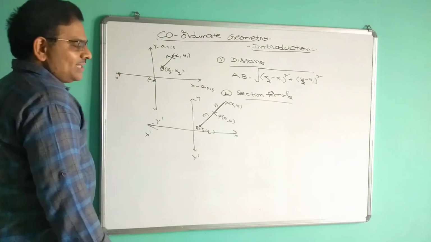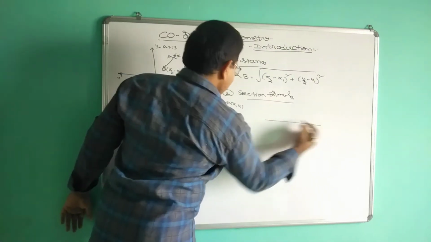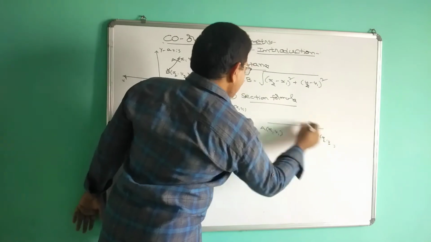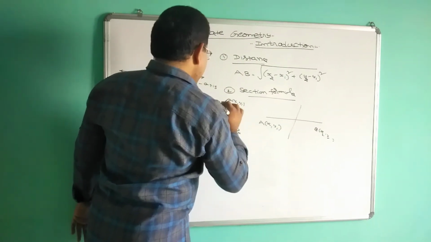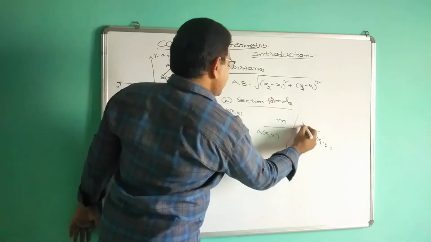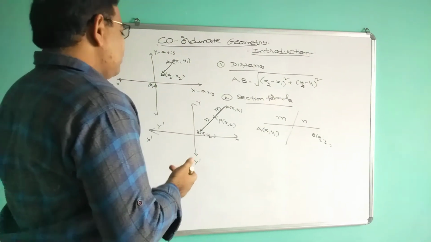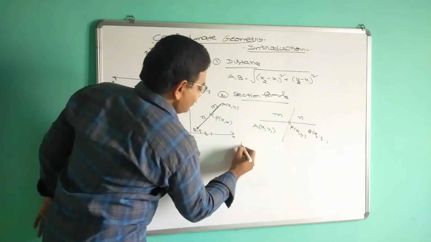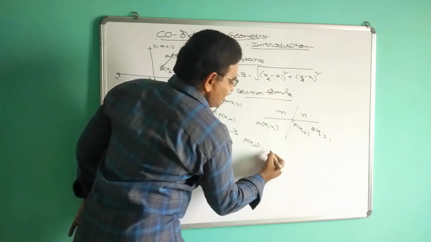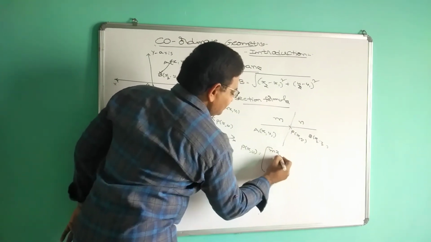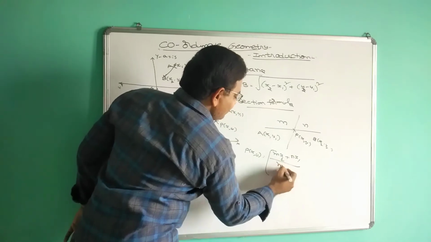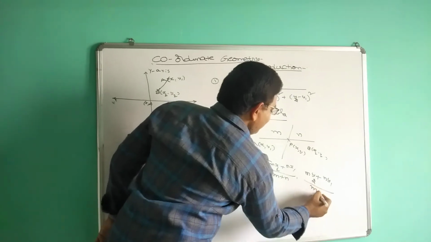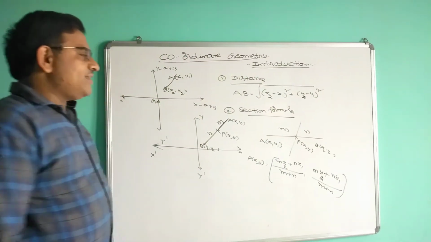Then P(x, y) equals ((m x2 plus n x1) by (m plus n), (m y2 plus n y1) by (m plus n)). It is called the section formula.